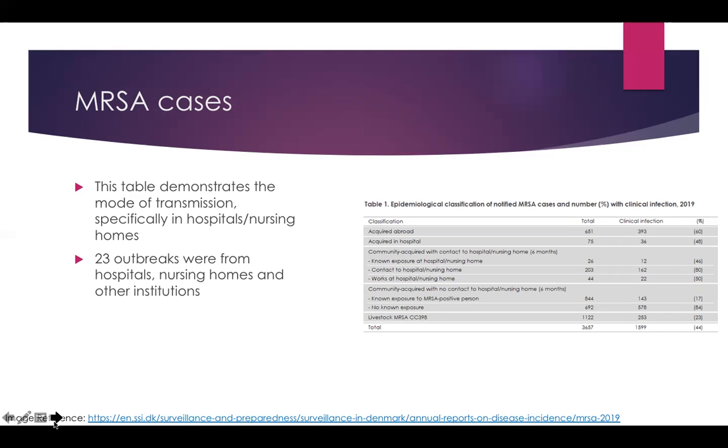Contact for hospital and nursing home would be 203 people. There were 23 outbreaks from hospitals and nursing homes, and of those 23, 7 occurred in a neonatal department. So I know these statistics are mainly from Denmark. However, it's still a very important infection to know about.